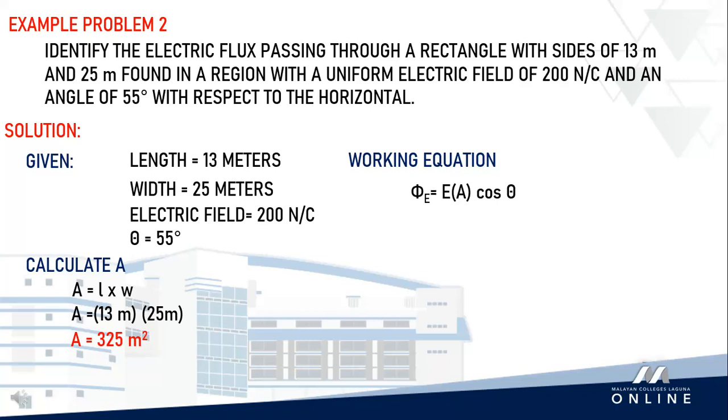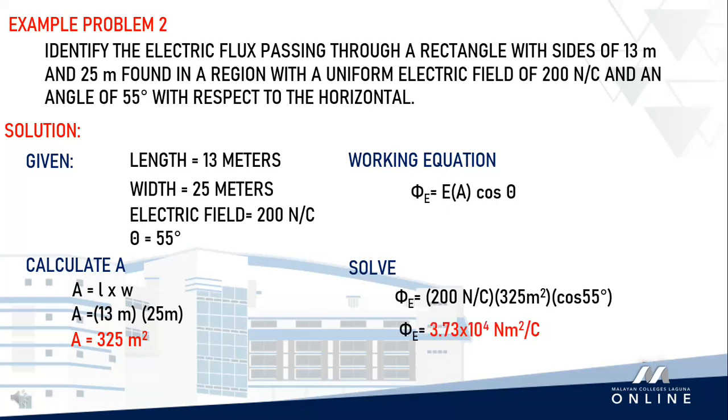Let us substitute the values: 200 newtons per coulomb times 325 square meters times cosine 55. Finding the product of these three, the electric flux passing through the rectangular region is 3.73 times 10 raised to 4 newton meter square over coulomb.